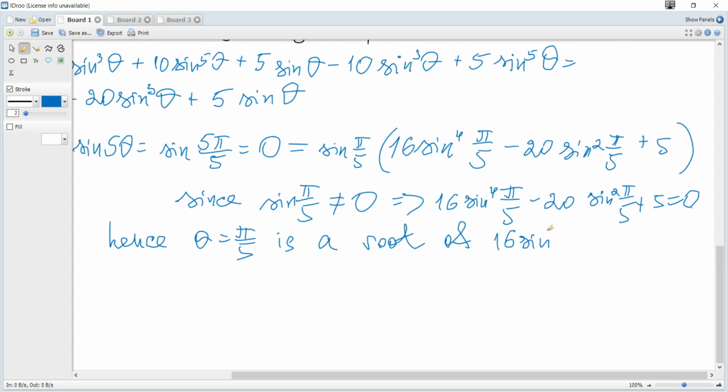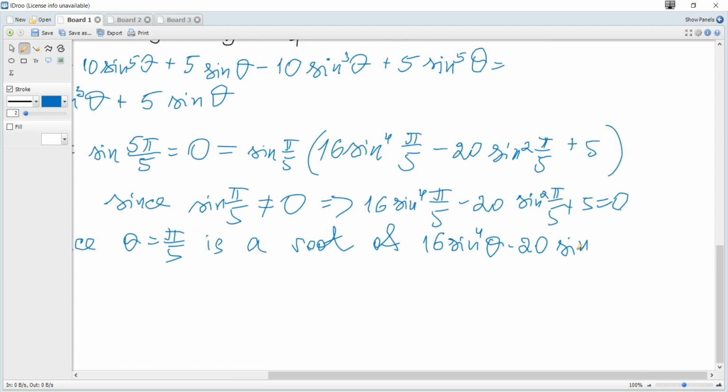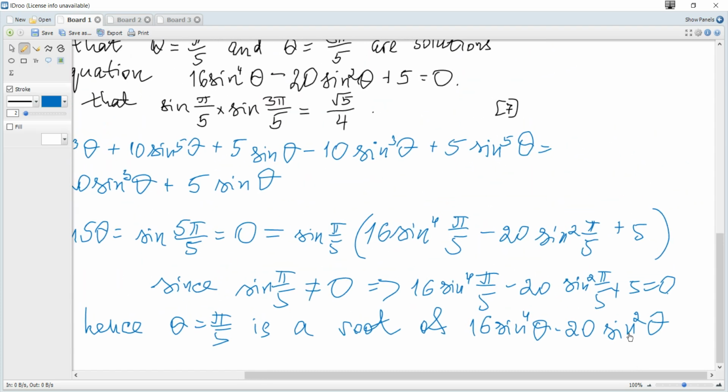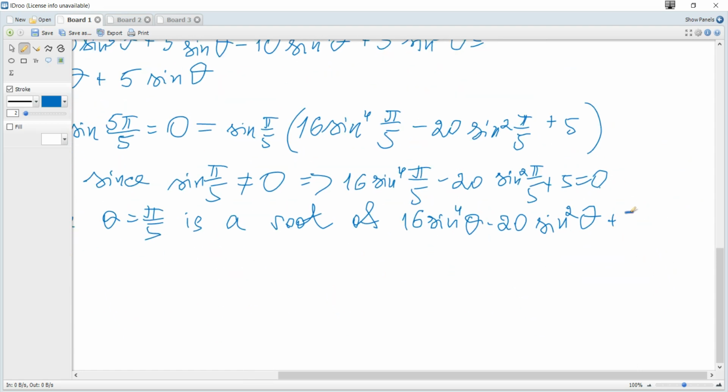16 sine to the power of 4 theta minus 20 sine squared of theta plus 5 is 0.